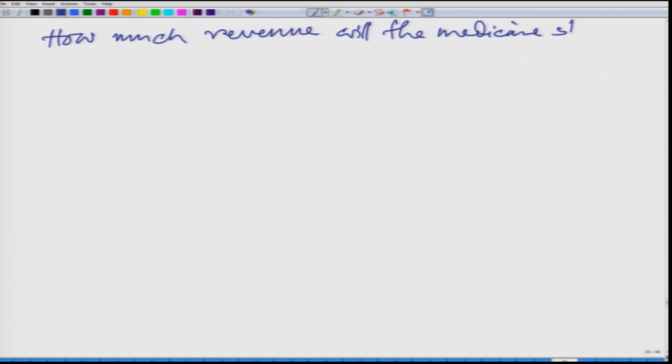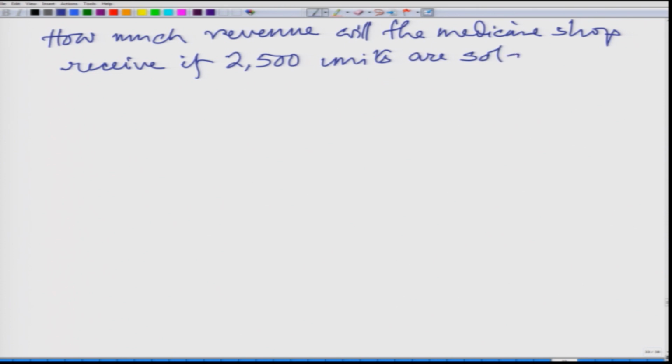The question is, how much revenue will the medicine shop receive if 2500 units are sold? Here I know my quantity, I don't know my profit. So that's what is being asked. It can be profit, it can be loss.